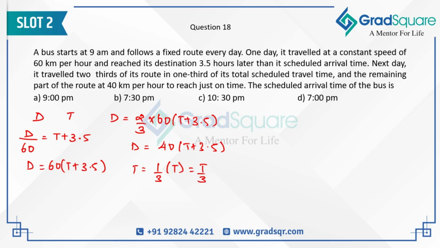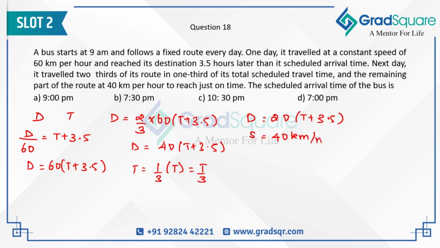Okay, and the remaining distance will become what? 20, because out of 60 (t plus 3.5), 40 (t plus 3.5) has been covered. So remaining it will be what? 20 into (t plus 3.5), and this is covered at a speed of 40 kilometers per hour.